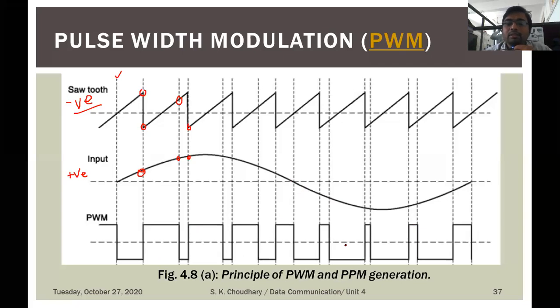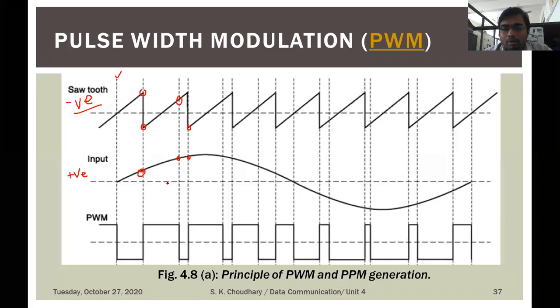This is just because of the comparison of values. When the positive terminal is higher in amplitude, you get positive pulses. When the negative terminal is at higher amplitude, you get negative pulses.